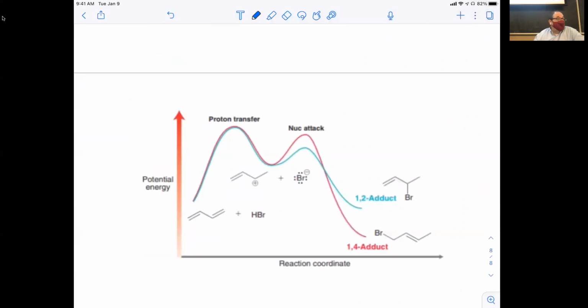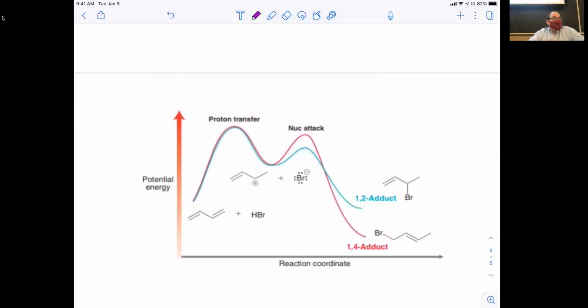Notice that the 1-4 here is the most stable. It's the lower energy. Why is the 1-4 more stable? Is it the fact that it's a secondary bromide and a primary bromide? That would only have an impact if the nucleophile was coming in to attack it. So by itself, it's not stable, but the primary bromide could be more reactive to a good nucleophile. But that doesn't have anything to do with the nature of the molecule.